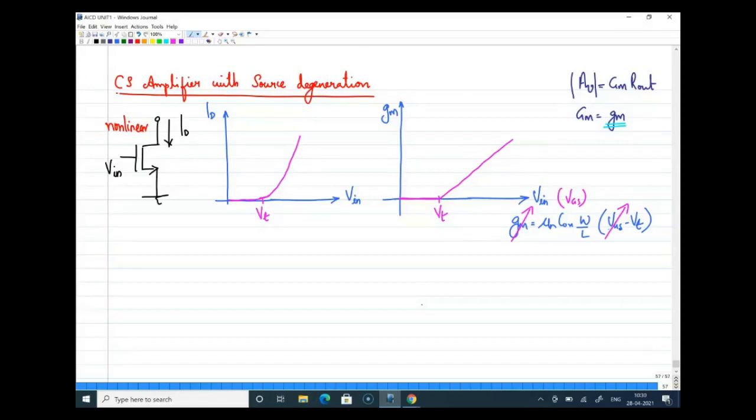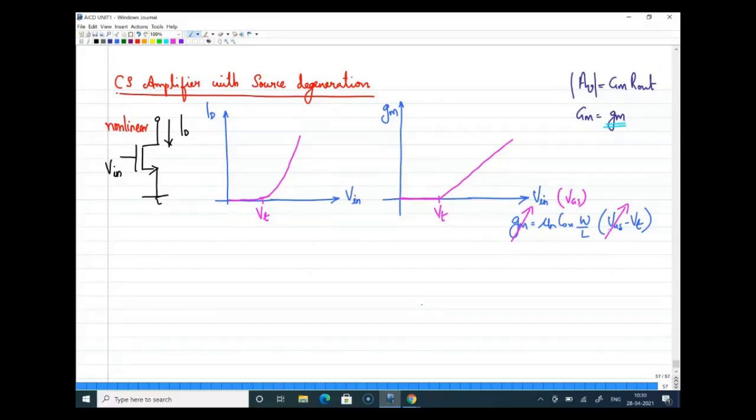Okay, so what do you understand from this discussion? You can see that the drain current and the voltage have a non-linear relationship.